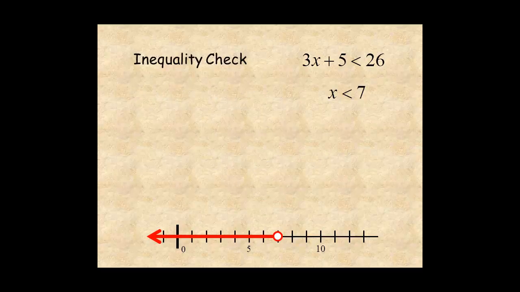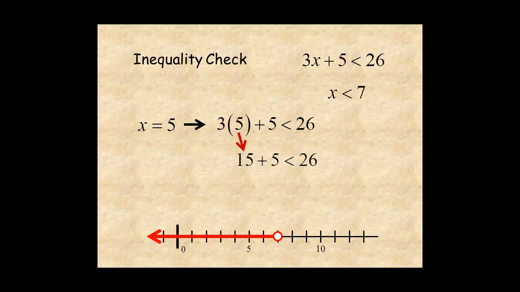The second check is an inequality check. Select any convenient value in the solution set, that is, any convenient value less than 7, like x equals 5. Then substitute x equals 5 into the inequality and simplify. 3 times 5 plus 5 is 15 plus 5, which is 20.